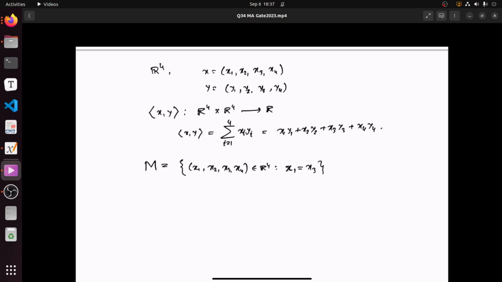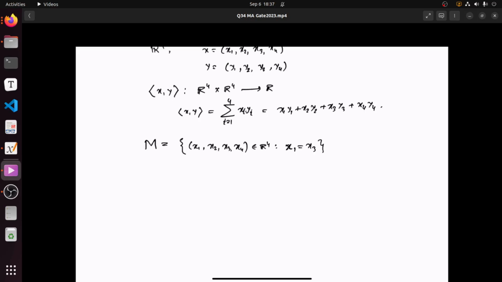You can easily check that this is a subspace of R4. So let's find the dimension of M. As x1 equals x3, let's put it there: x1, x2, x1 and x4, where x1, x2 and x4 are all real numbers.